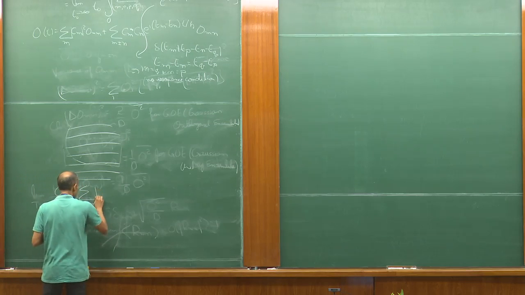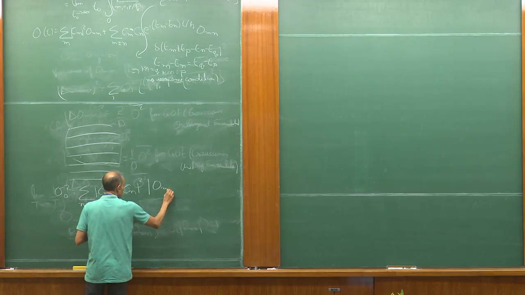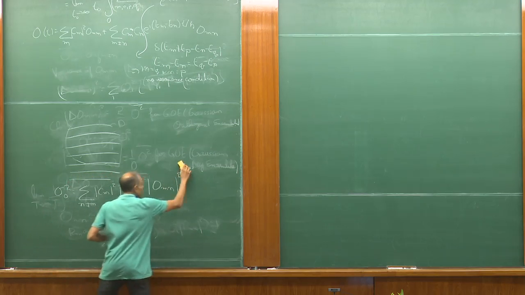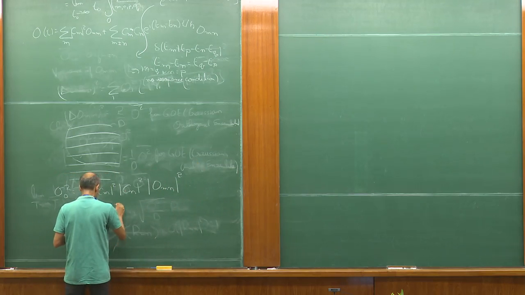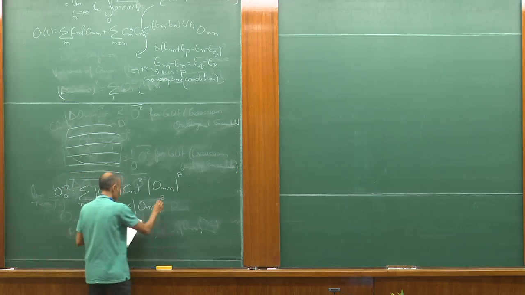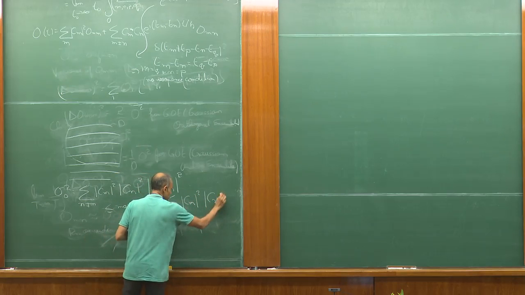sum over n not equal to m of mod Cm squared mod Cn squared mod Omn squared, which is less than or equal to, so it is bounded by, the maximum of mod Omn squared times the sum over n not equal to m of mod Cm squared mod Cn squared, right?